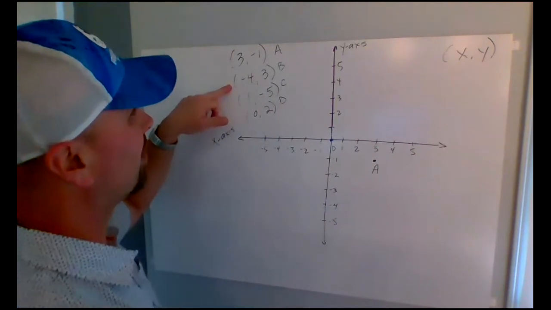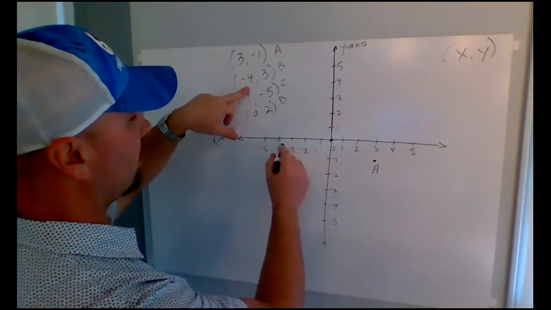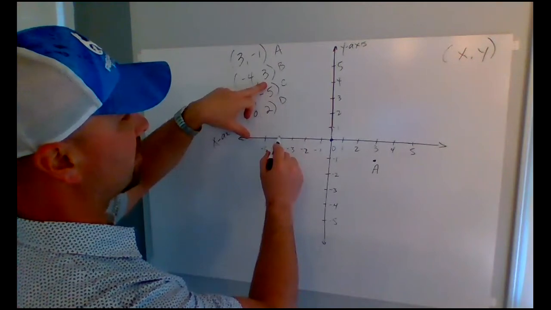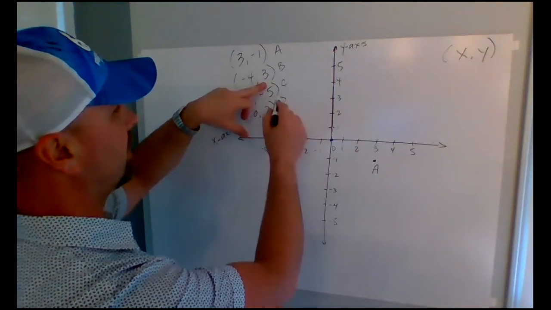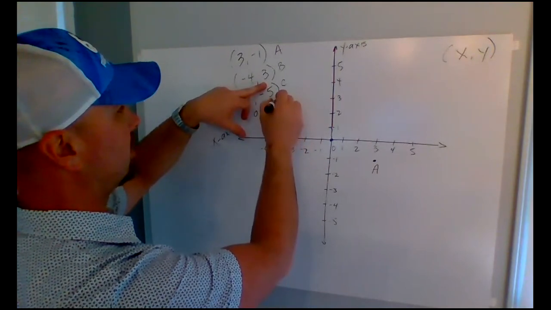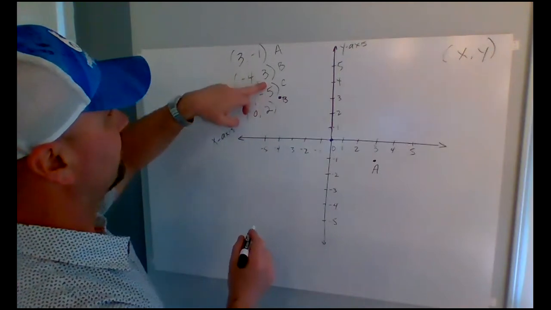B, -4, +3. Again, I start here, I go to -4 on the X, then I move up or down 3. So it's positive, which means I go up 3. I didn't think about this when I wrote these down. All right, so here is my spot for B. Sorry about that, guys.